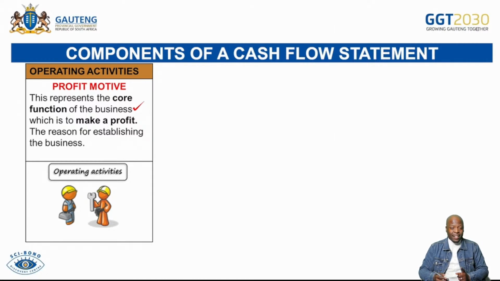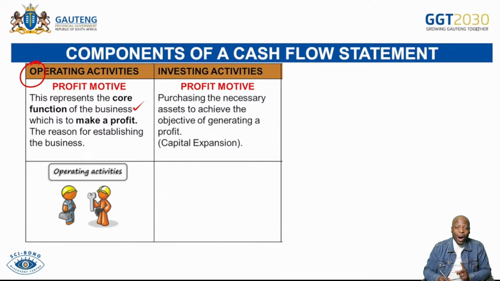So the first part is going to be your O, that is operating activities. And then the second aspect is your I now, which is your investing activities. So far, I have my O, I have my I, all right? And in my investing activities, this is the purchasing of the necessary assets to achieve the objective of generating profit, okay?